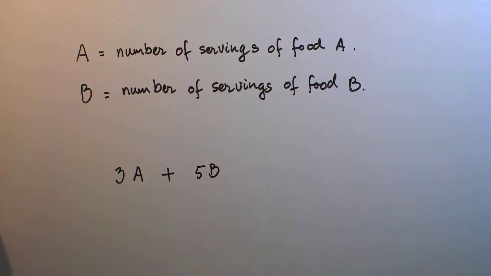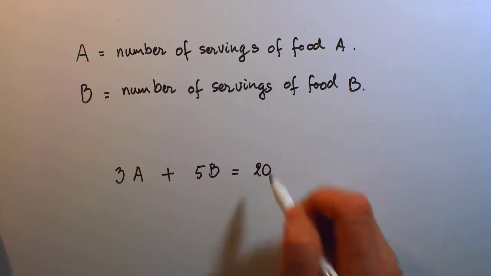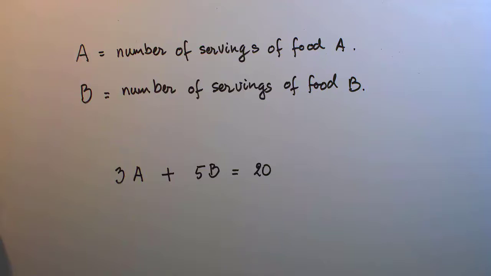Totaling up these 2 amounts of protein is required to be 20 grams. So now we have found one relationship between the 2 variables: 3a plus 5b equals 20.